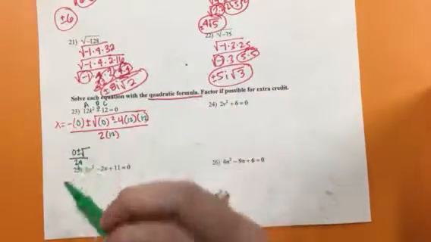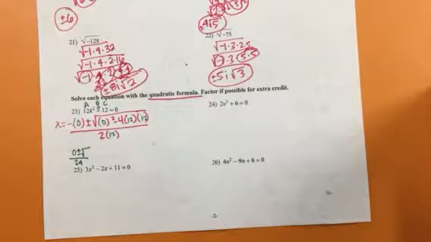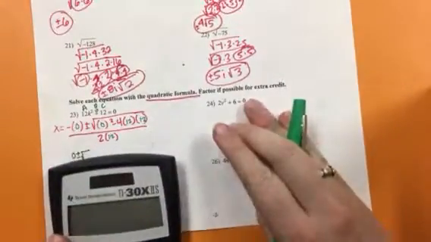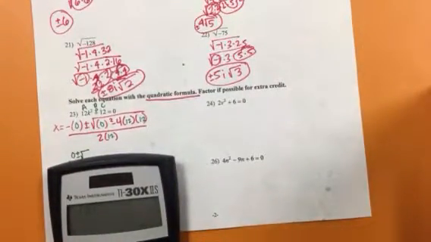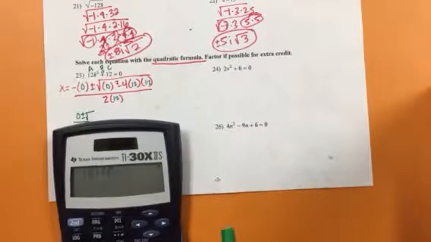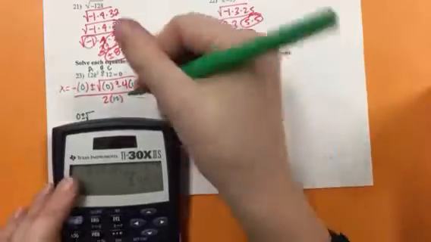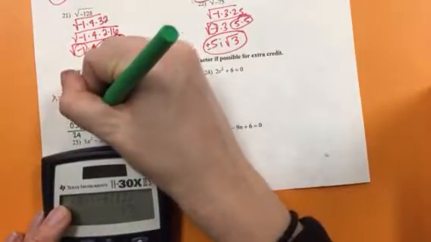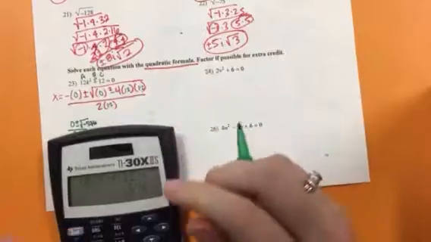We get 0 squared minus 4 times 12 times 12 is negative 576.